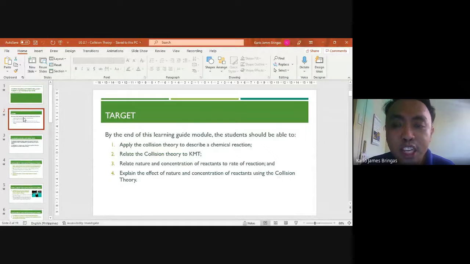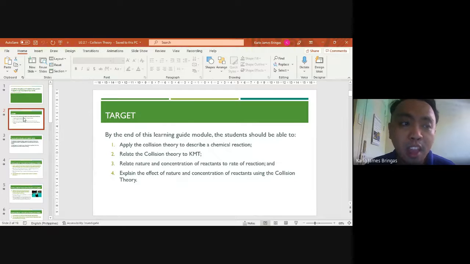For today's session, we aim to achieve the following target outcomes. By the end of this learning guide module, the students should be able to: 1. Apply the collision theory to describe a chemical reaction. 2. Relate the collision theory to KMT.